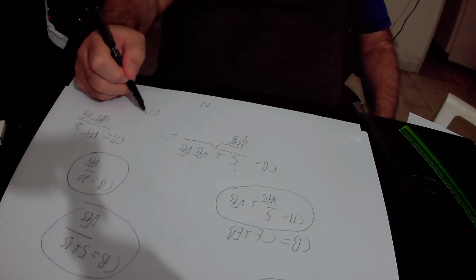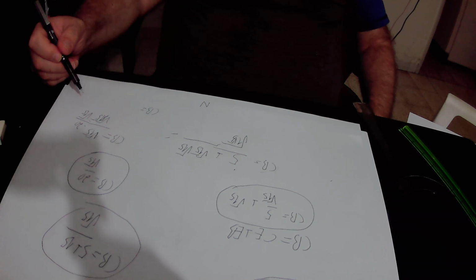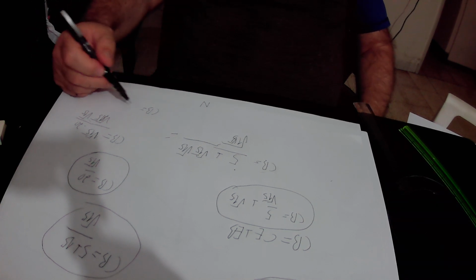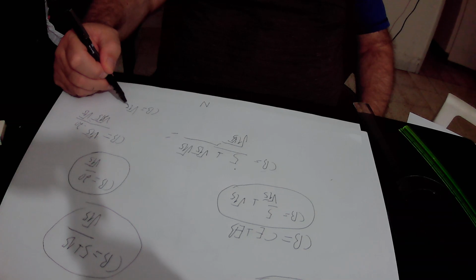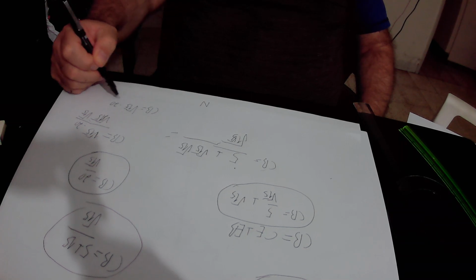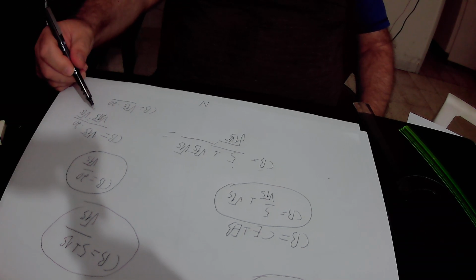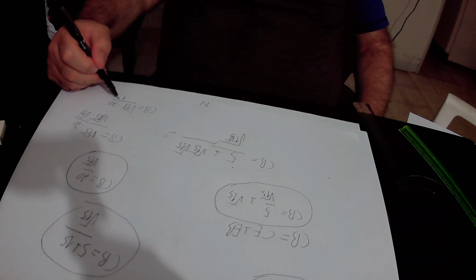So we found out that CB equals square root of 15 times 20 over square root of 15 times square root of 15 is 15.